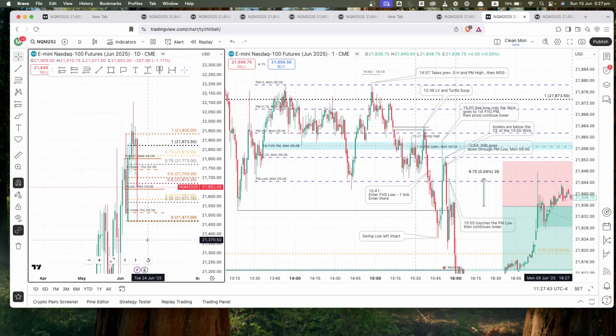So we see this black level. Friday was the previous day. And then 21,873. So we took that and we took the PM session high so far.